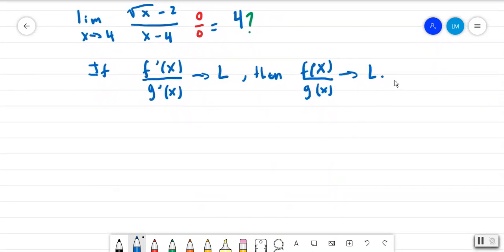And of course, this is provided that g of x is not equal to 0.